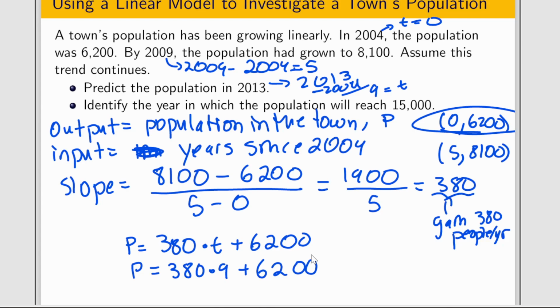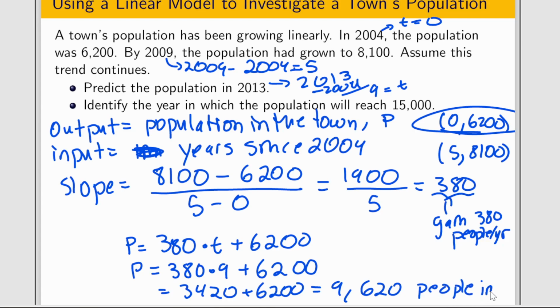In terms of order of operations, I first want to figure out what 380 times 9 is. That gets us 3,420, plus 6,200 gives us 9,620 people in 2013.